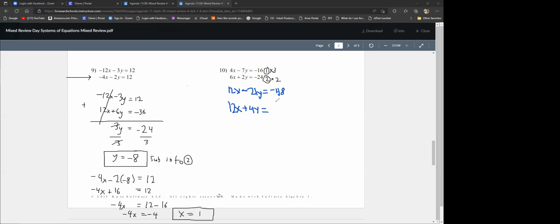Isn't it 48? Negative 48. Okay, now are we adding or subtracting? Subtracting. Okay, put your subtraction sign and then draw a horizontal line. Subtract them. 12x minus 12x, how much? 0. So there's your elimination right here. That's the whole idea.